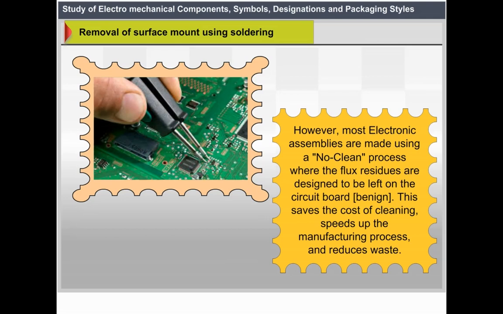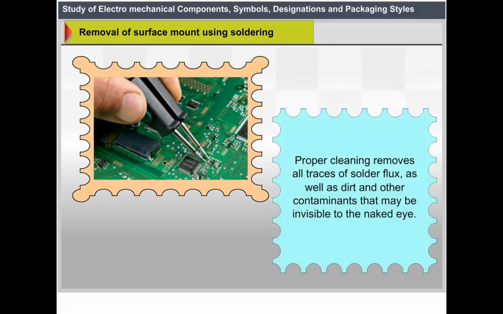This saves the cost of cleaning and speeds up the manufacturing process, thus reducing waste. Proper cleaning removes all traces of solder flux as well as dirt and other contaminants that may be invisible to the naked eye.